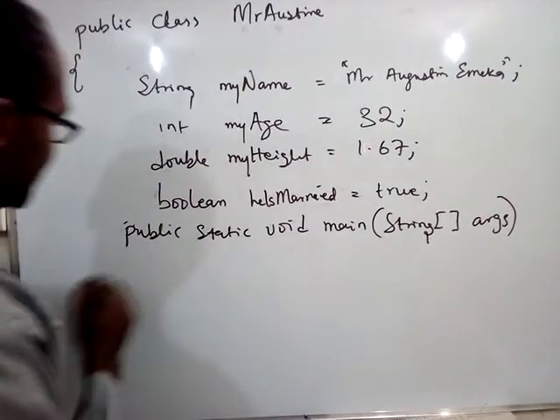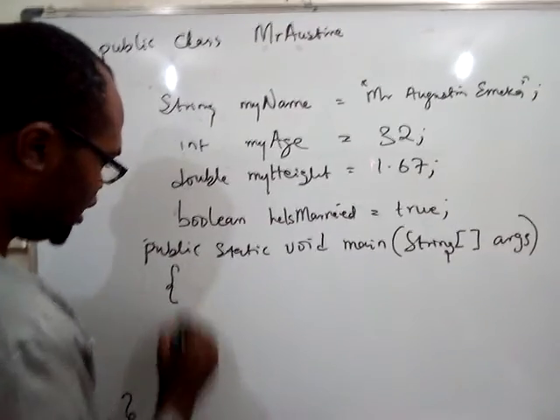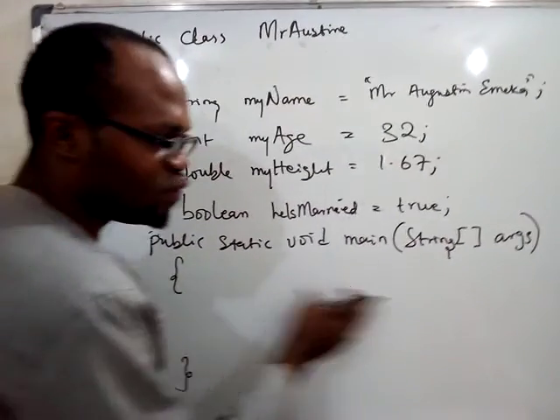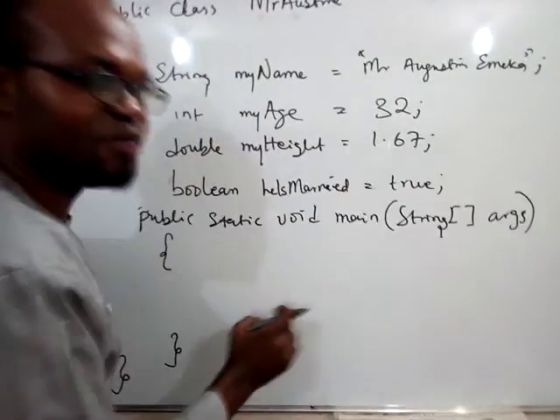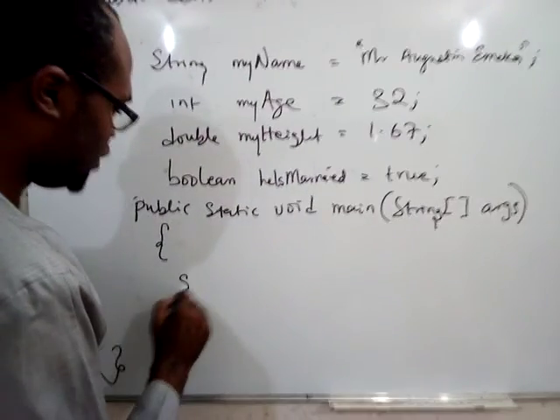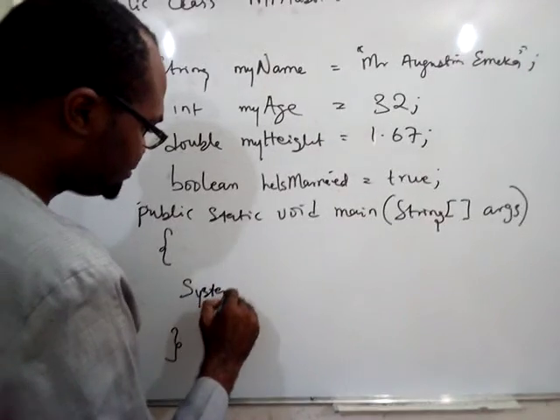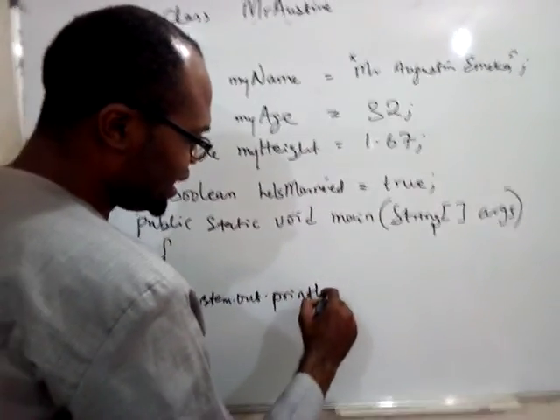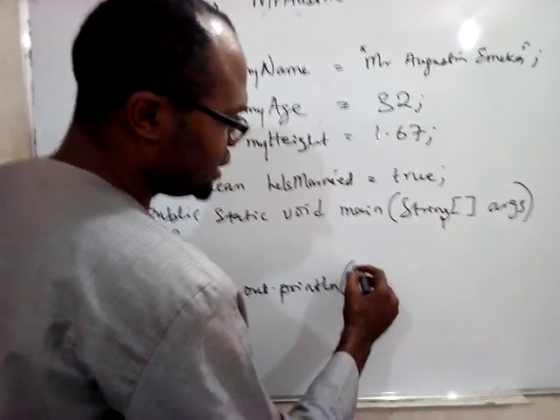Is that clear? So inside this main method, I'm going to open a curly bracket and close the curly bracket. So I'll put what function I want Mr. Austin to be performing. And that function is to do what? System dot out dot println. What do you want it to print?